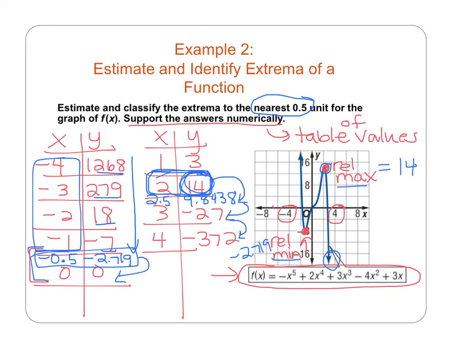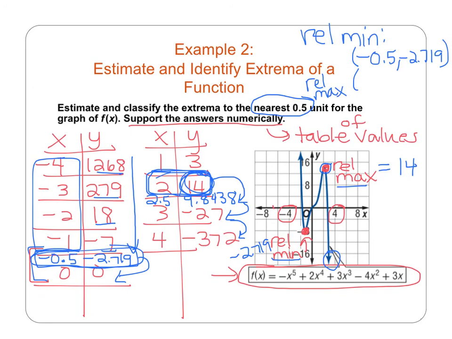Now, we can be more clear about what our relative max and min are. We can give the ordered pairs, which I've circled in my table. I'm going to say we have a relative min at approximately negative 0.5, negative 2.719. And our relative max occurs at 2, 14.